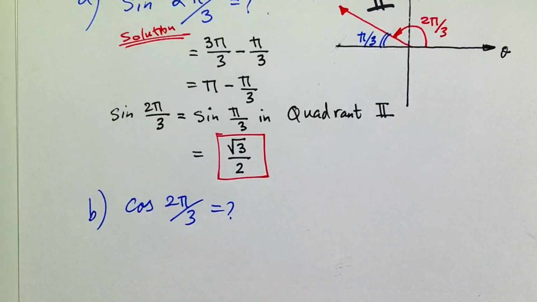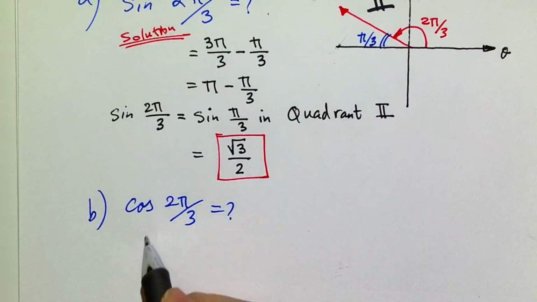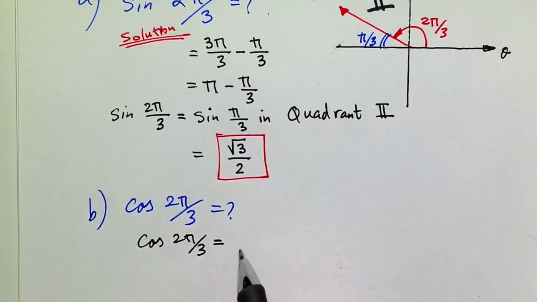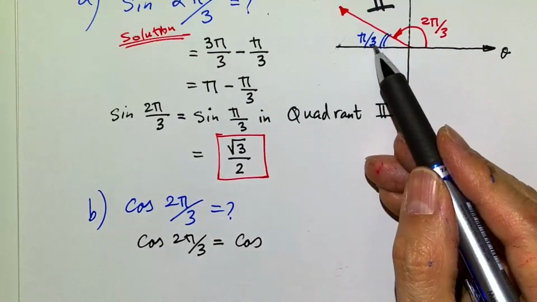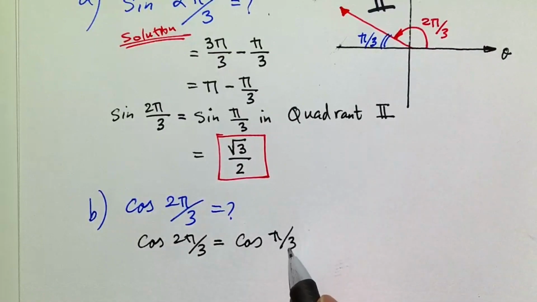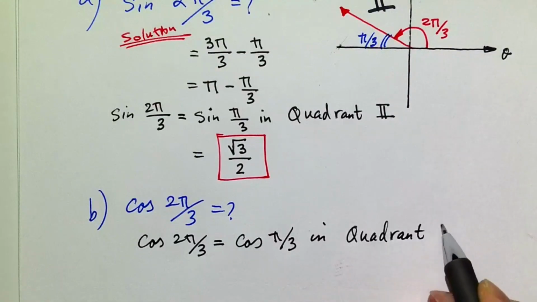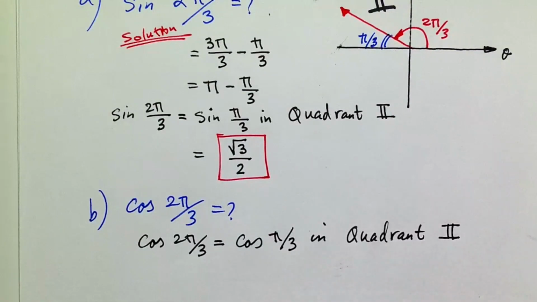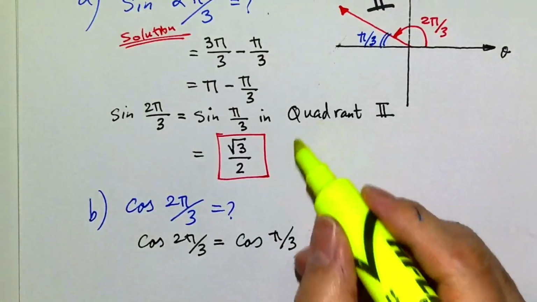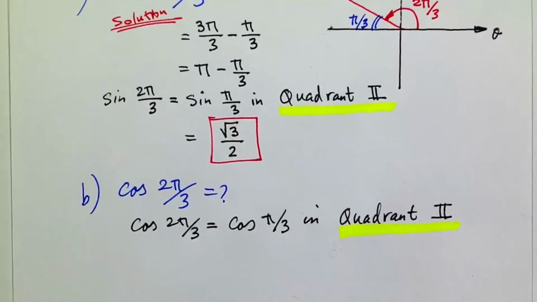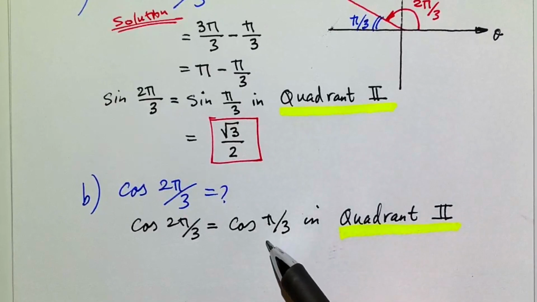So let's write that down. Cosine of 2 pi over 3 is equal to cosine of that reference number, pi over 3, in quadrant 2. Very important, right? Let me highlight that one and this one. Very important.